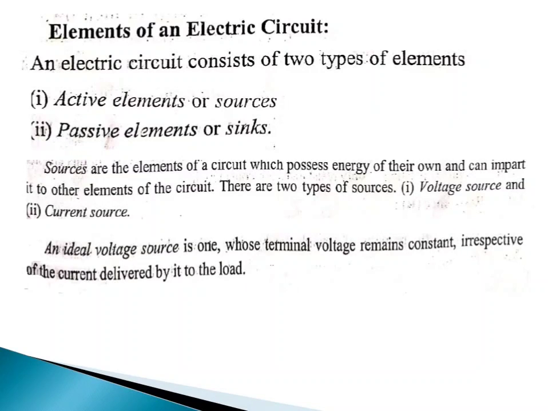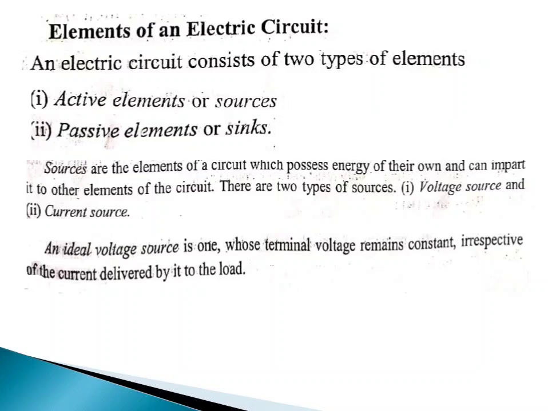An electric circuit consists of two types of elements. One is the active elements, represented as the sources. Another is the passive elements, called sinks.